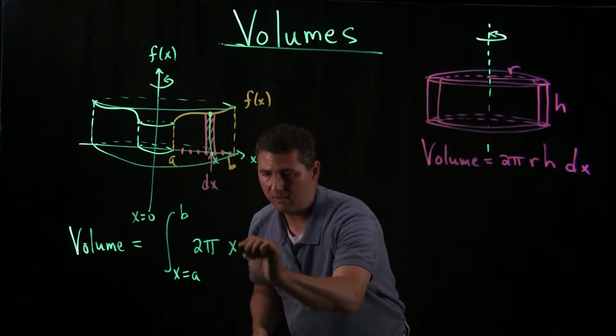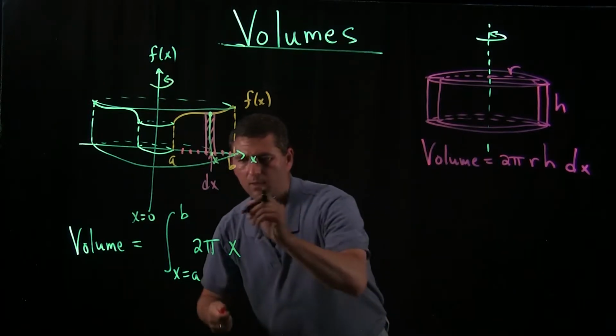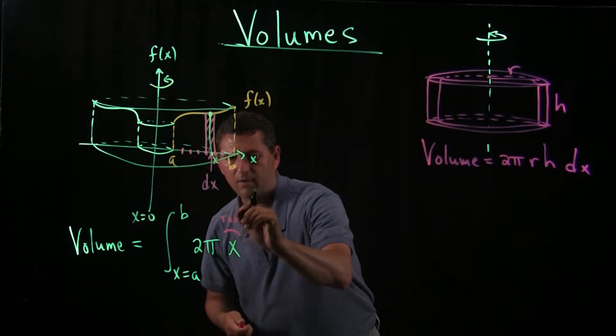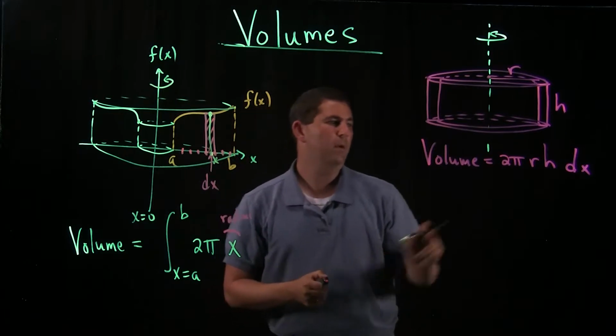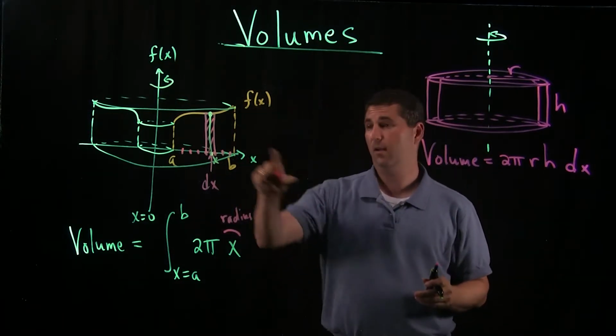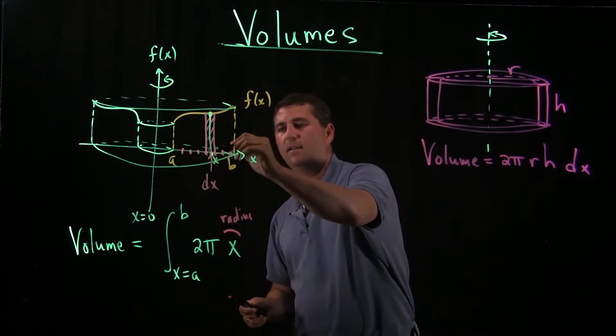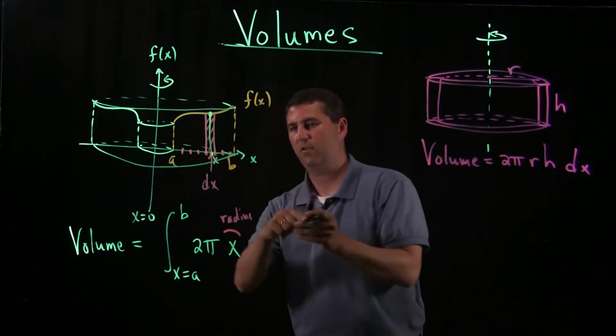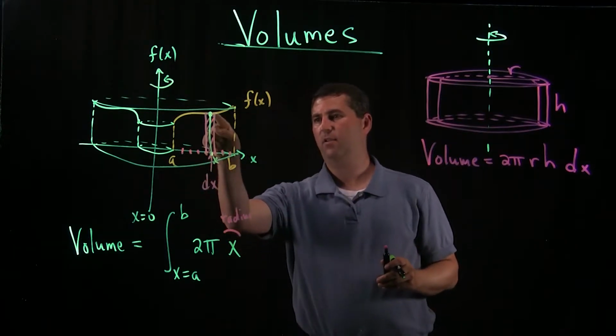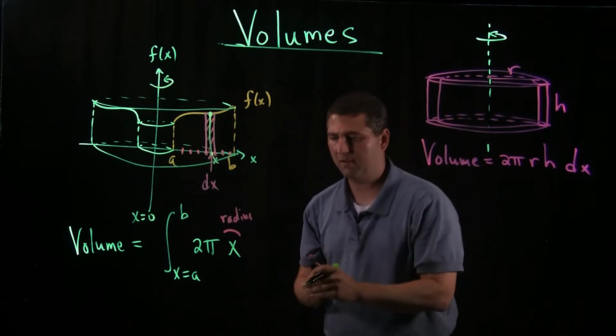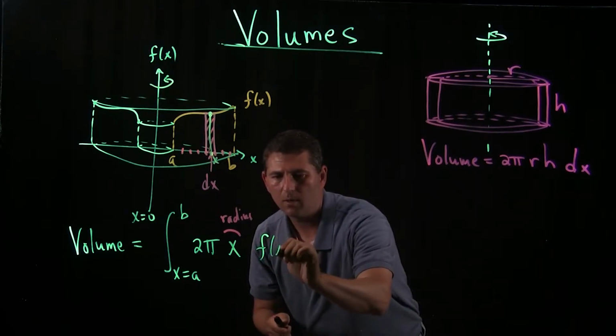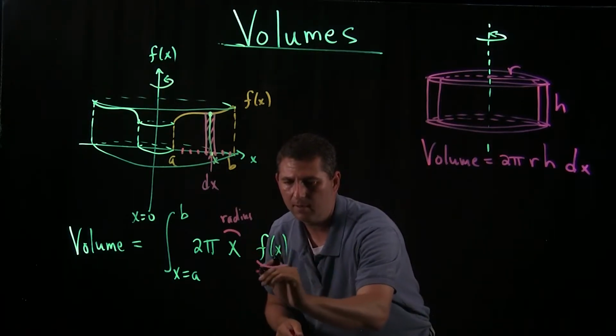So that's our radius. Okay, so this x is our radius. Then we need the height. So the height of this rectangle. Well, the height in this case is just how far it is from the x-axis to the function. Well, that's just f of x. So that's our height.